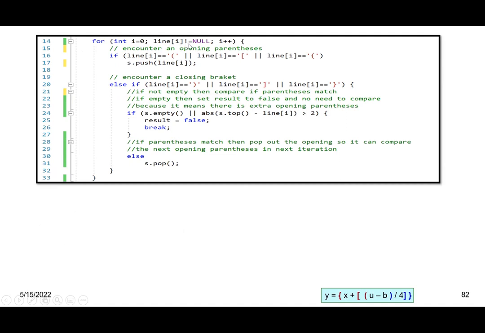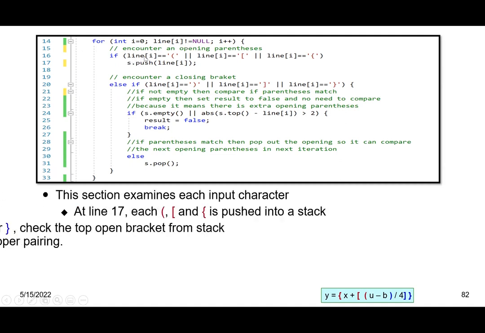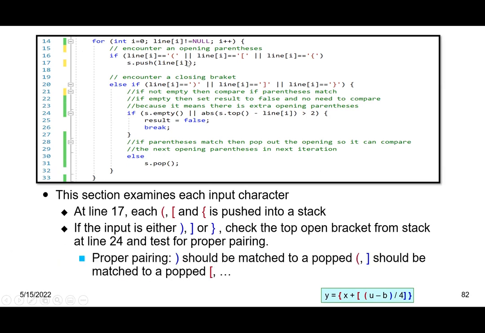So every time I check a character here, if I encounter an opening, what we have to do, you see, if line[i] equals this round bracket opening, this square bracket opening, or this curly braces opening, I will push line[i] to the stack, right?